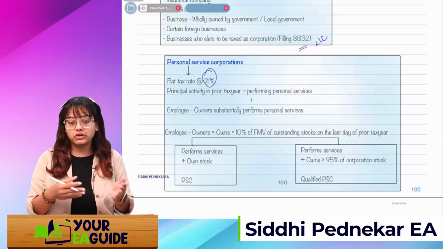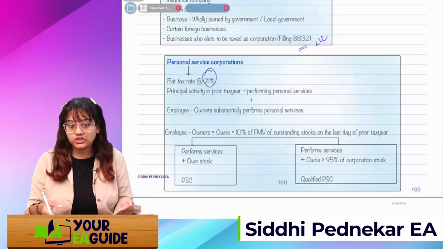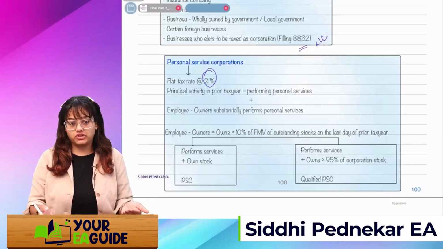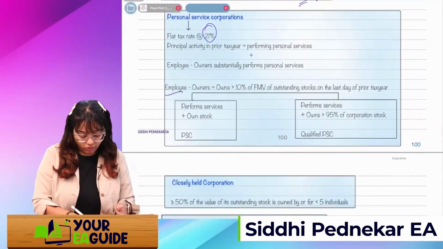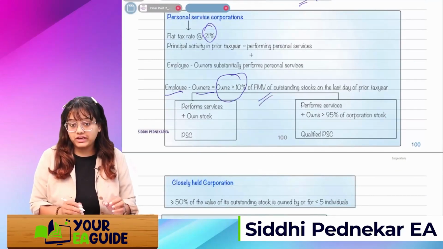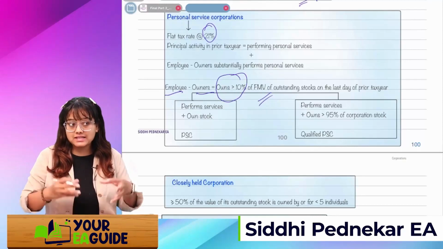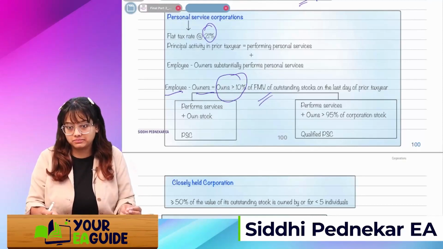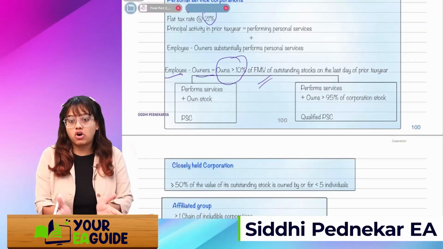The employees are only the owners, and that is how we call that type of corporation a personal service corporation. Now, the employee should own more than 10% of the FMV, remember the word FMV, of outstanding stock on the last day of the prior tax year.